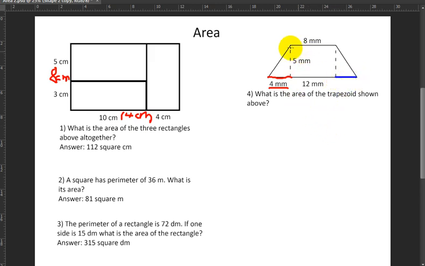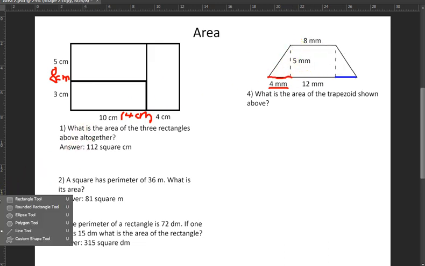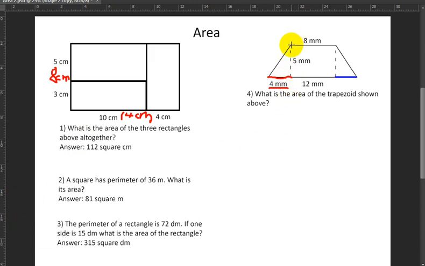Well, if you think about it, since these lines are perpendicular to these lines, that means that this side and this side have to be the same. Why? Because they are part of a rectangle. Right now, as it is, you can see that I have created a rectangle right here.